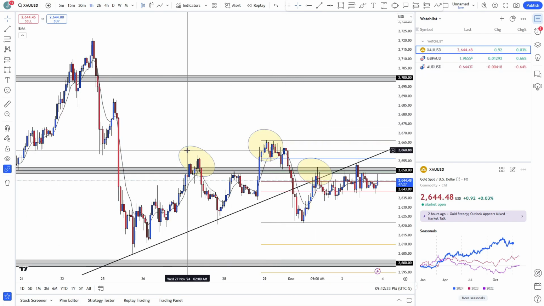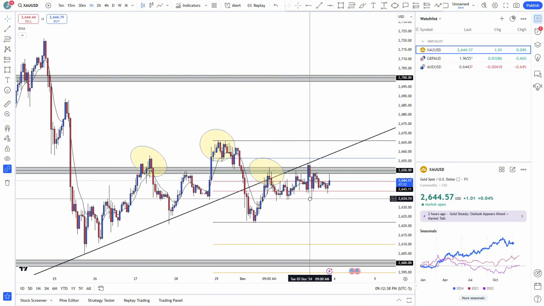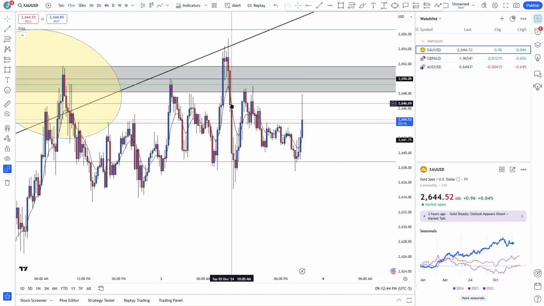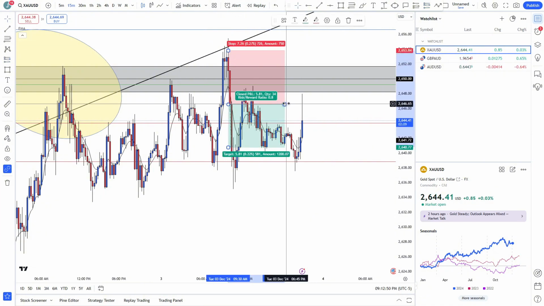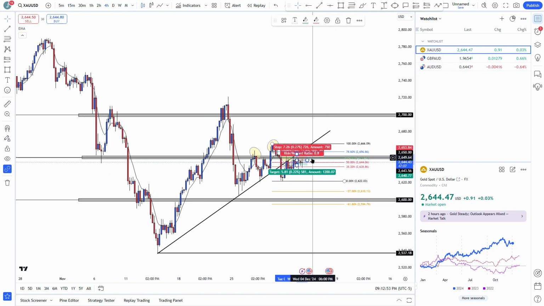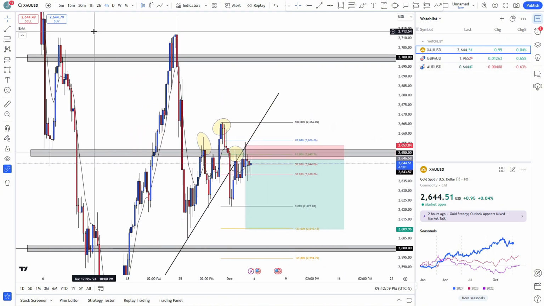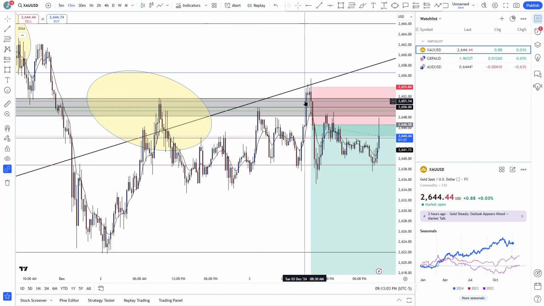You can see this head and shoulders here, a lower high here, and price is rejecting off of this 2650 area. When price reaches this area right here, I would have entered. I'm probably going to open a small live account just to trade with some small money, not anything big. Enter here, take profit all the way down here, and stop loss probably just above this area.